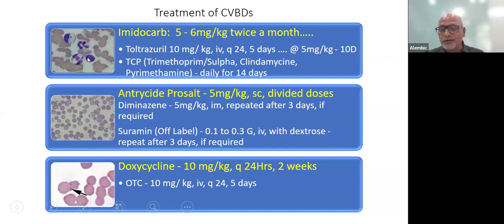But I don't agree to this particular recommendation for the reason that the medicine which you are giving, imidocarb, doesn't have action on the gametocytes. Okay, so gametocytes disappear slowly with their own speed, their own natural fate. They disappear, not because of the treatment. The treatment is acting on asexual stages which are multiplying in the endothelial cells of visceral organs.